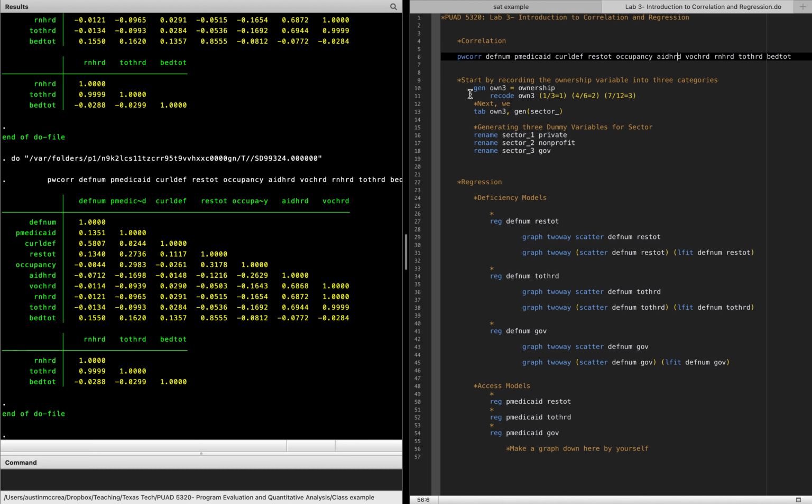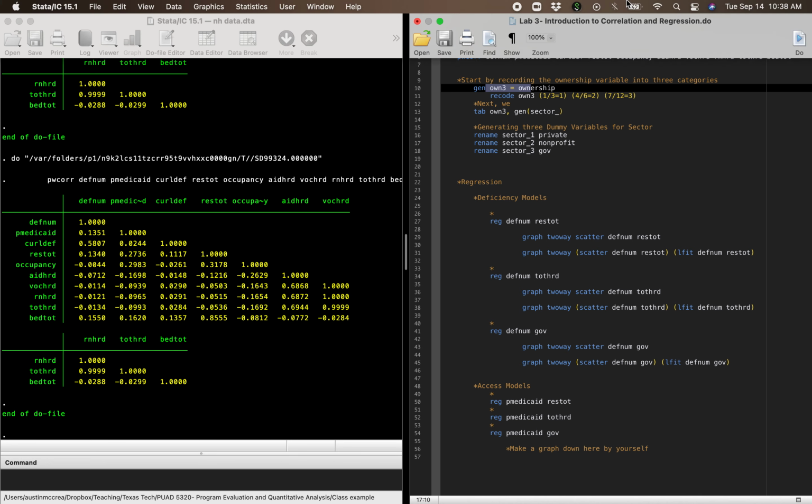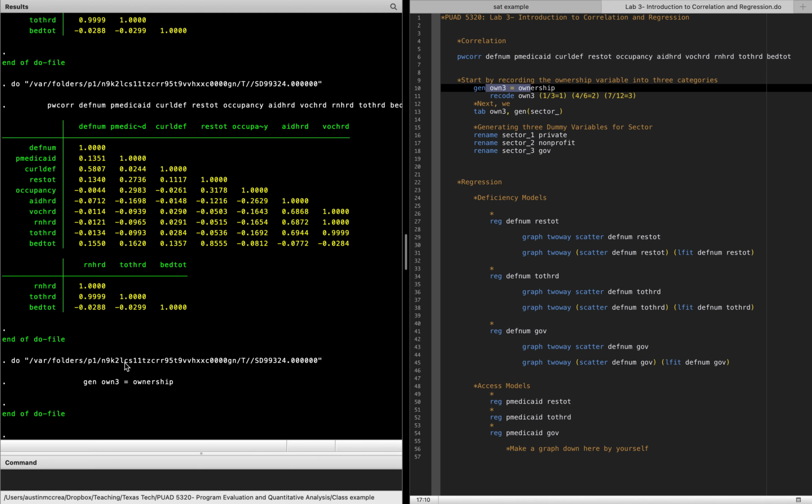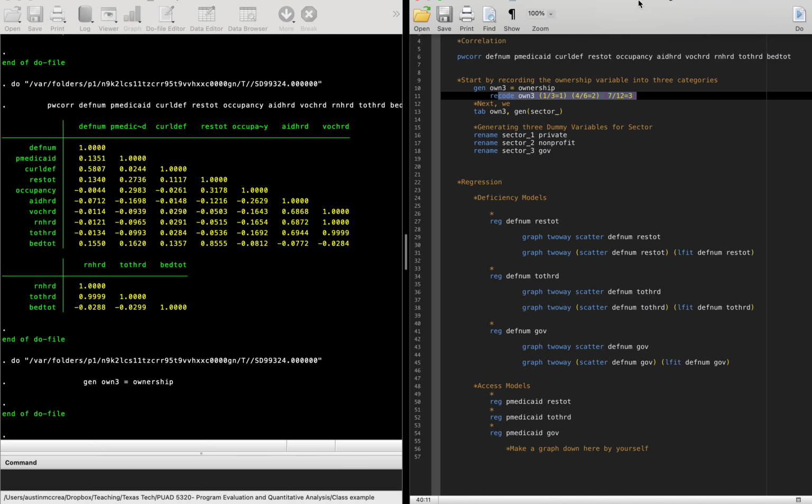And so we'll do this by first generating a new variable, which is just a copy of our original ownership variable. So if we highlight that, we have a new variable, and we want to recode this new variable, own3, so that values of 1 through 3 are equal to 1, values of 4 through 6 are equal to 2, and then values 7 through 12 are equal to 3.